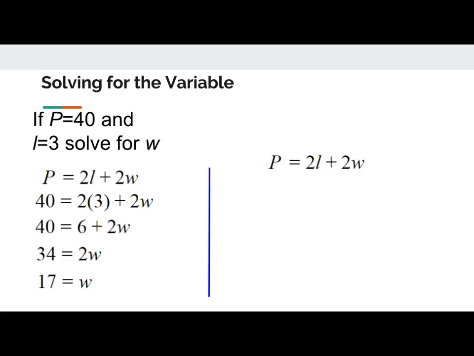If you're going to be solving for W hundreds of times with hundreds of different examples, there's a better way.